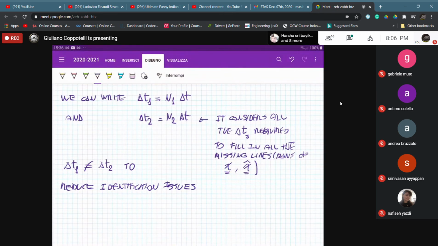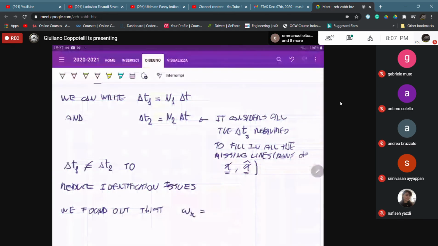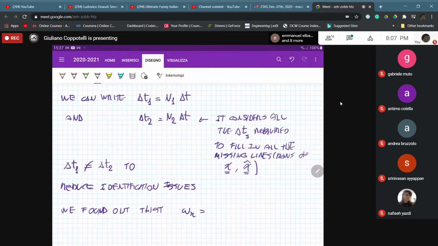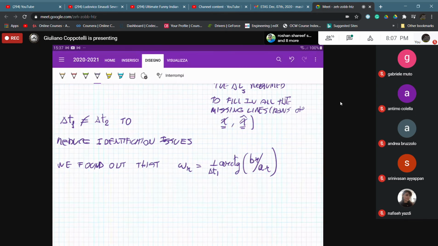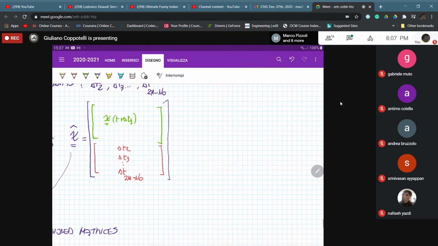Remember, we found that your omega r is equal to 1 over delta T1, times the arctangent function of the ratio between the imaginary part and the real part of the eigenvalue of the state transition matrix A. Okay, and if you consider the natural frequency, f is just the previous one divided by 2 pi: 1 over 2 pi delta T1, times the arctangent function of the ratio of the real part over the imaginary part of the eigenvalue.